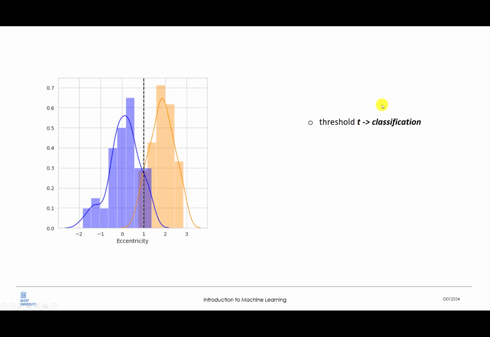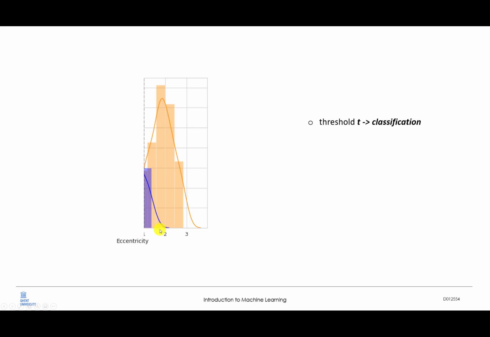So we made the classification already, which means that this t that we have here, this dashed line, is a machine learning model which we have fitted based on the data. To make this more clear, what's happening is that if our value of t, our threshold, is bigger than 1, we would end up with this situation here.